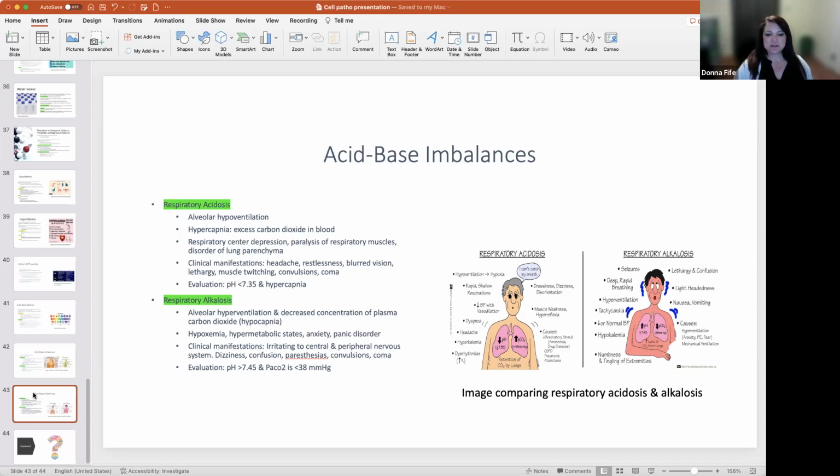Patient may have dizziness, confusion, paresthesias, convulsions, and coma. An evaluation is with the arterial blood gas, the pH showing greater than 7.45, and the PaCO2 is less than 38. And here's a chart comparing the symptoms seen with those two disorders.